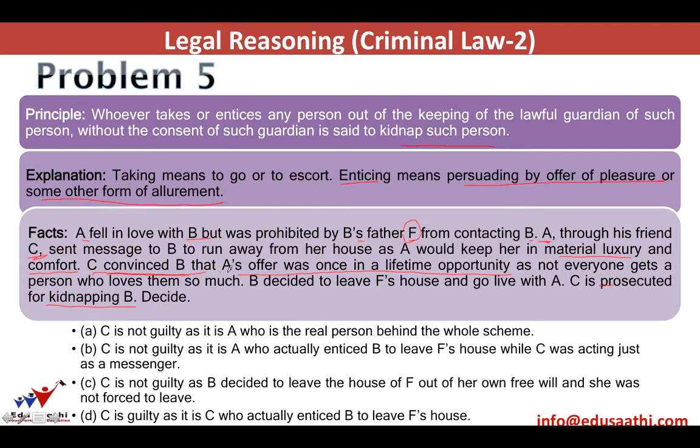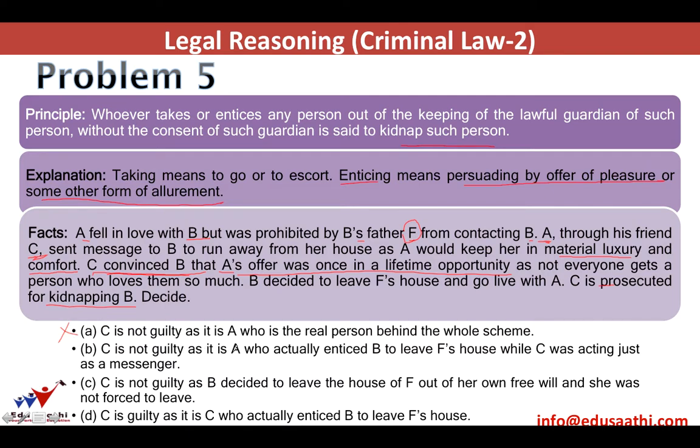So the actual act of enticement is done by C. Let's decide who's guilty of kidnapping. First, option A says C is not guilty as it was A who was the real person behind the whole scheme. No, because he did not indulge in the act of enticement, because he did not personally entice B.